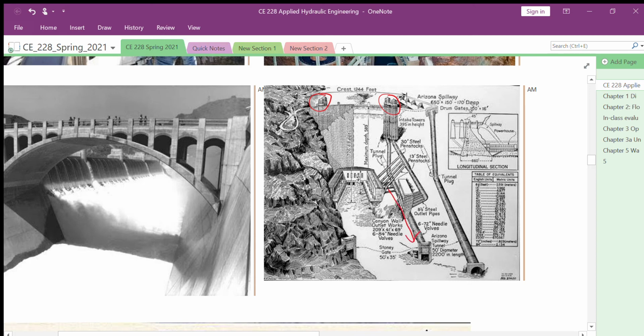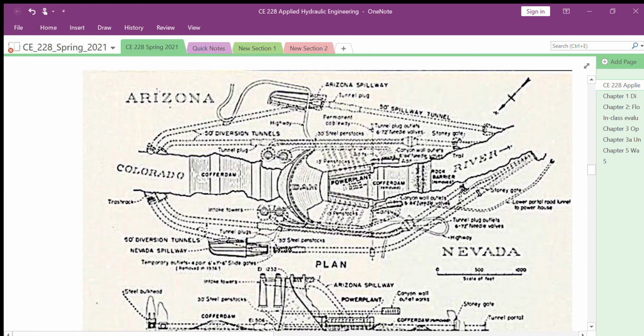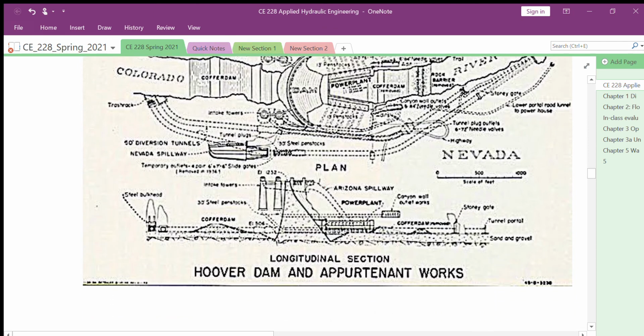This comes to the turbine in the powerhouse, and the Hoover Dam also has spillways that are in the form of tunnels. Let's see in the plan. This is the Arizona spillway, one of the most important spillways of the Hoover Dam.